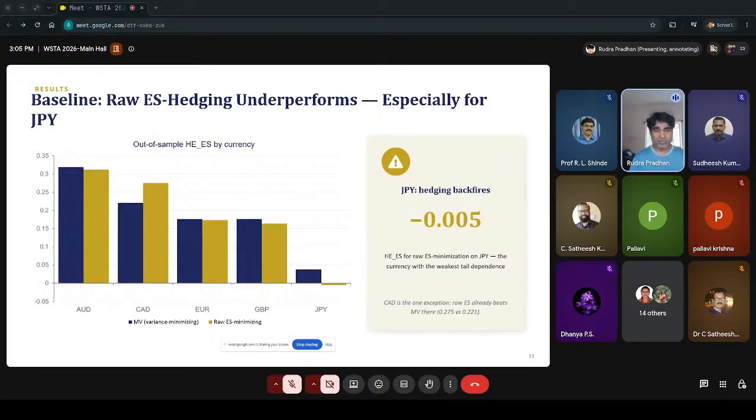In other cases, the blue bar is more or less overtaking the yellow bar. So that's why the last statement is that CAD is one exception where raw ES already reached the MV benchmark, at 0.27 versus 0.221.